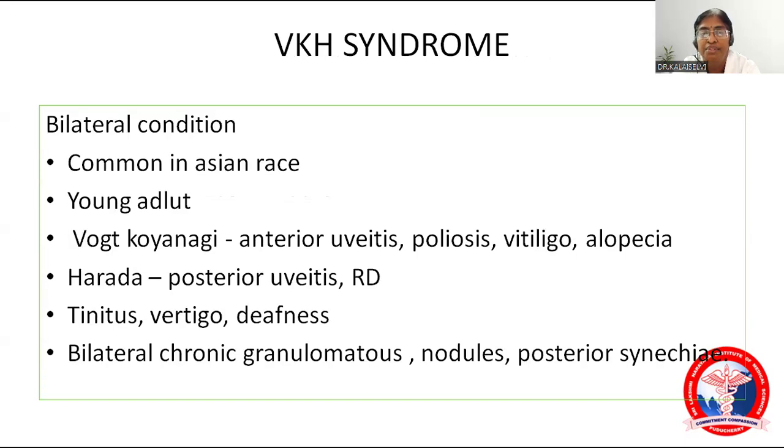Now we have VKH and Fuchs-Harada syndrome. Here it is a bilateral condition, usually common in Asian countries, and young adults are affected. Vogt-Koyanagi reported the presentation of anterior uveitis in them, with poliosis, which is whitening of the eyelashes, and vitiligo, multiple patchy skin lesions with whitening of the skin, and alopecia.